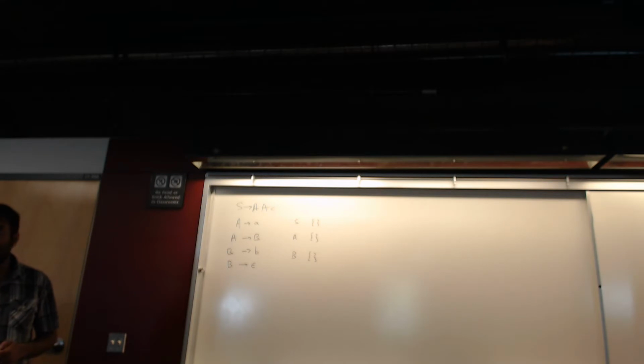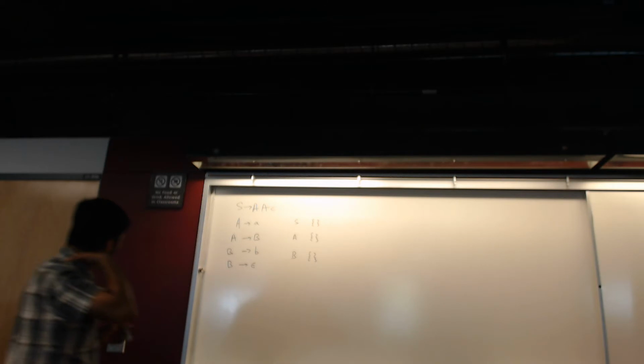Can X be A? Absolutely. What is X? X has to be a non-terminal or a terminal. Alpha is a sequence of non-terminals, terminals, and so on. So what is X in this case?